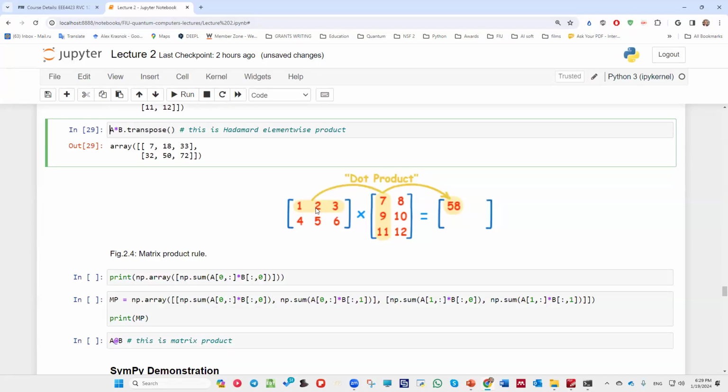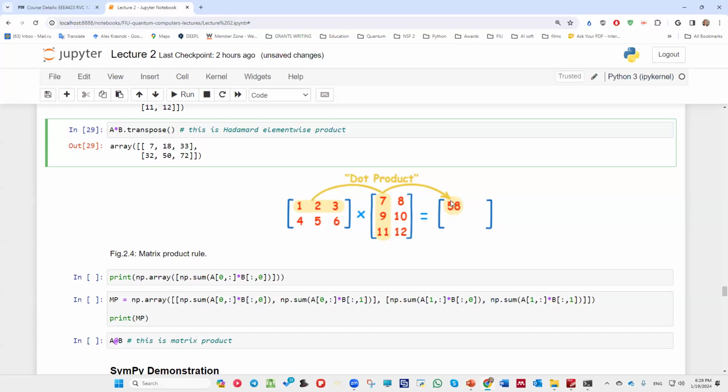The way you get each element in the resulting matrix is you take a row in the first matrix and a column in the second matrix, take the products of the components, and sum up all the products. For example, in this case, it's going to be 1 times 7 plus 2 times 9 plus 3 times 11. You sum everything up and you get 58.